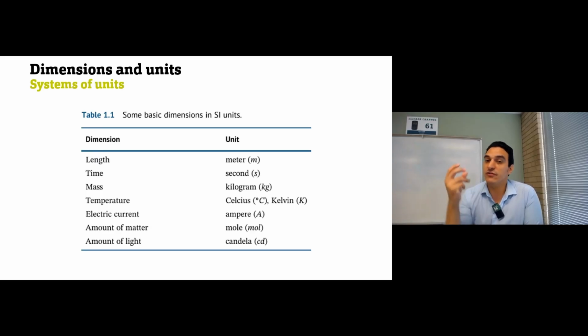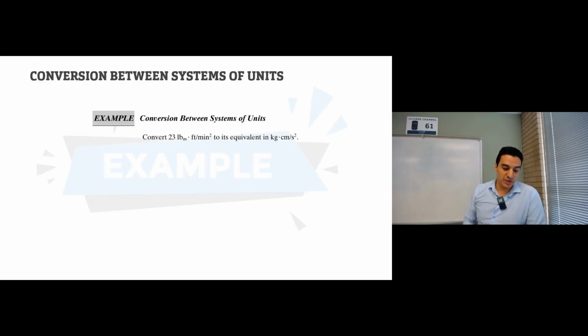So if you notice any numbers that don't make sense or aren't logical, one of the things you should consider is: do you have consistency of the units? Did you miss any conversion of the units? Because this simple mistake can lead to nonsense numbers. Clear? Okay. So this table is just to give you a quick overview of the basic dimensions we are using in the SI system.